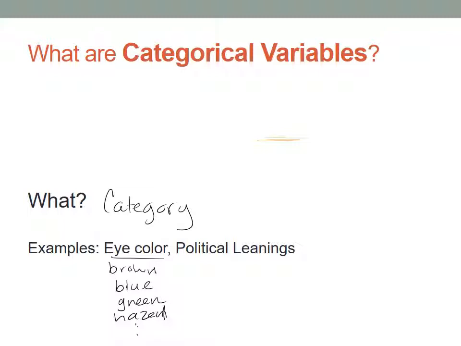And again, that's where context really matters. But there's going to be a limited number of categories that each experimental unit or subject is going to fall into. You're not going to have a mix of the two. You're going to choose one of these categories to fall into. Same thing with political leanings. If I'm asking my subjects which political party they follow, there's only a limited number of possibilities there, and then we'll categorize the people using those.